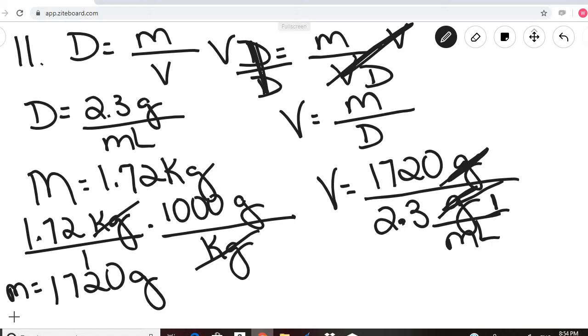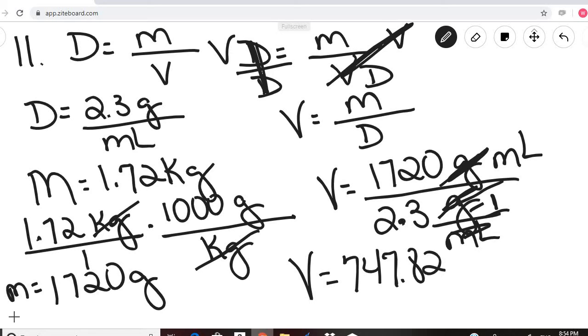It just means that that milliliter is going to go up on top. So that's the units that we'll be left with. So 1,720 divided by 2.3, the volume will equal 747.826, something like that.